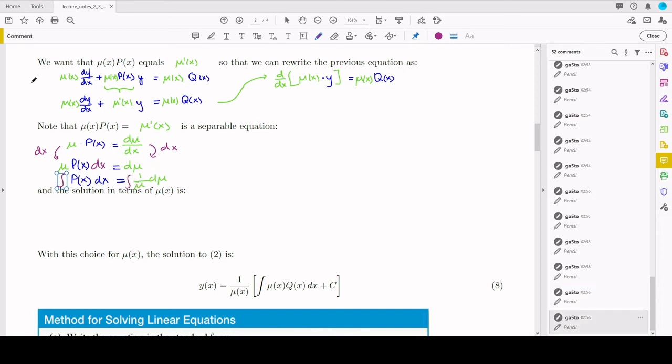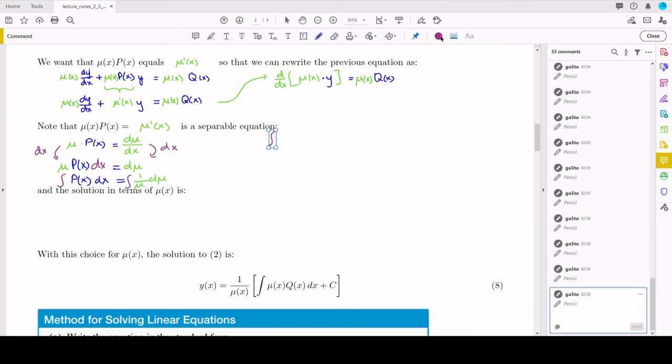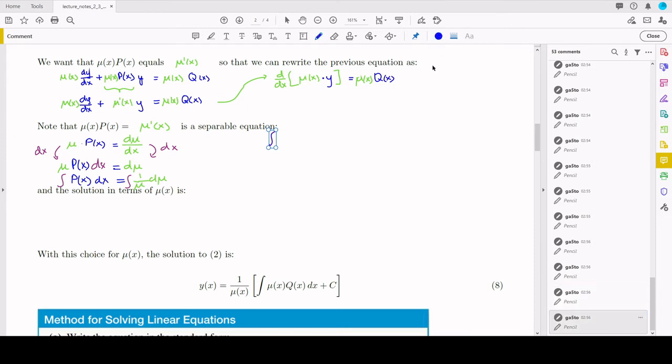We cannot do anything with the left because we don't know what p of x is, but we do know what the right-hand side is. The right-hand side we can write as ln of the absolute value of mu plus c.